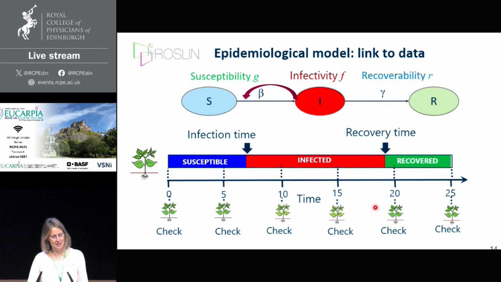But the data we could potentially collect, and we have collected in experiments and field data, is repeated measurements of individuals, of their infection status. So you may go in at different time points and just check, is an individual healthy, diseased?